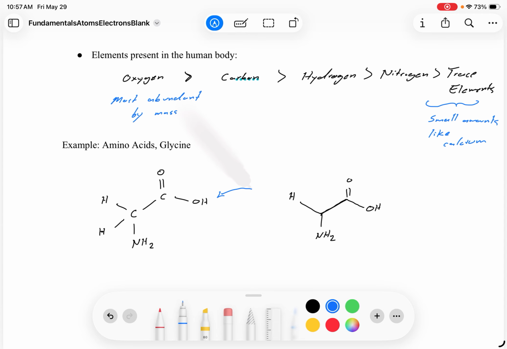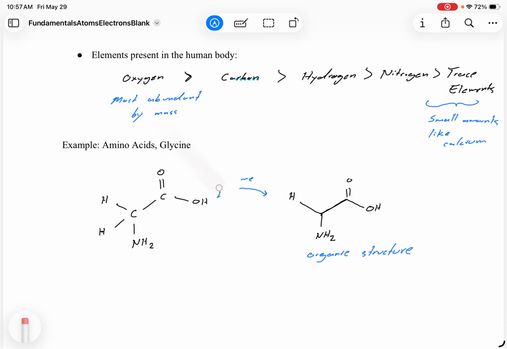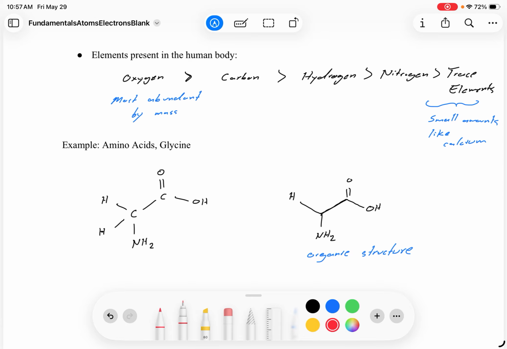They're the same molecule, they're just drawn differently. So this is the organic structure. I want this in red. So these are the same, and that is your organic structure.